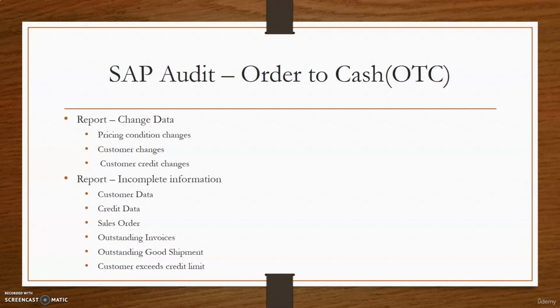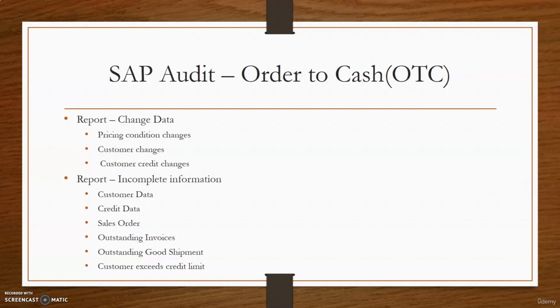The next is reports corresponding to incomplete information or processing. The first thing is missing customer data. To find the missing customer data, the report is RFDKAG00, or we can use the transaction code F.2D to identify the customer records that have been created in SD but not mapped to SAP ERP Finance.